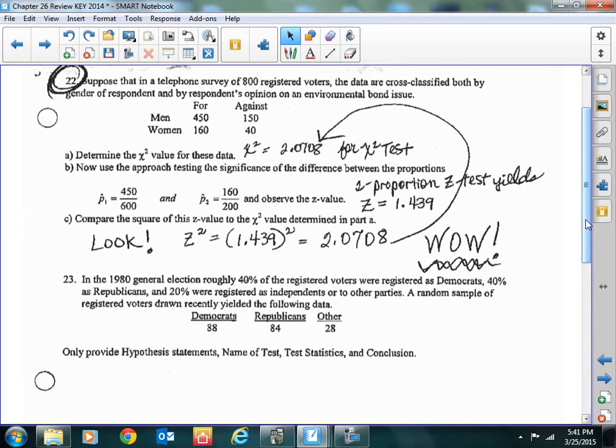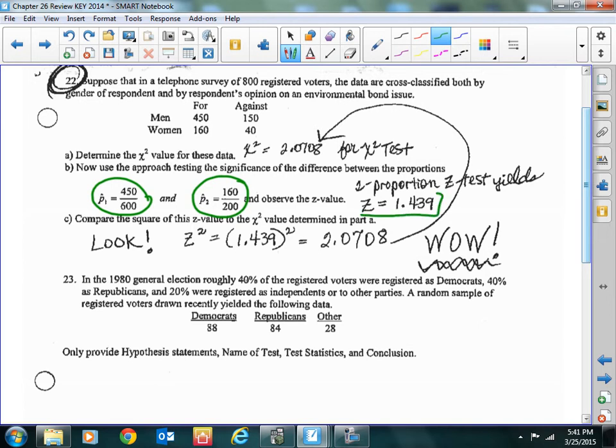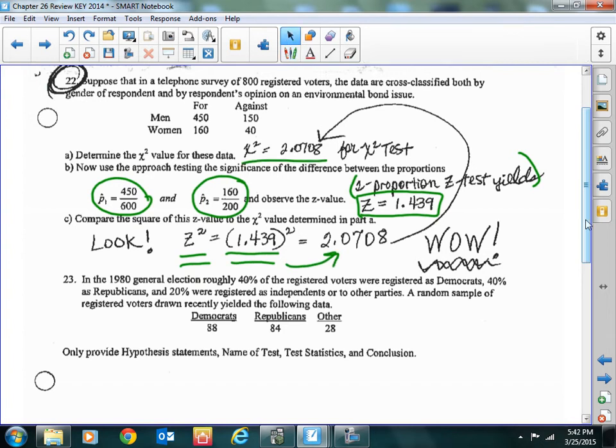And then B is asking you to do a 2 proportion z-test. So I went and put these into the calculator for a 2 proportion z-test. And when I did that, I got a z-score of 1.439. The relationship is that if I square this z-score, it is the same value as the chi-squared when you ran a chi-squared test.